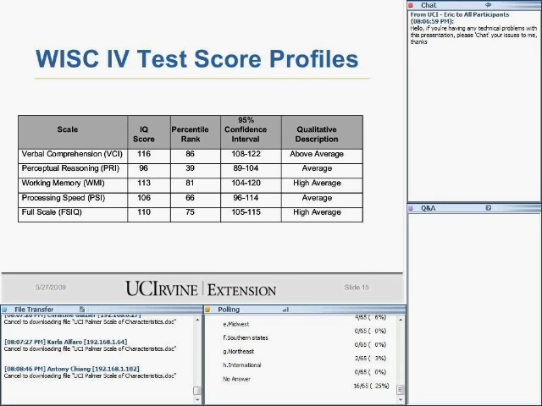IQ keeps firming up to 7.5 or 8, and then remains pretty stable for most people, all else being equal. You can test all the way down to age 2, but those scores aren't very stable.